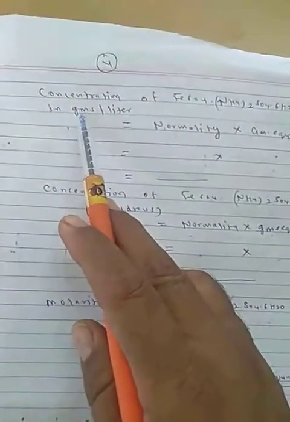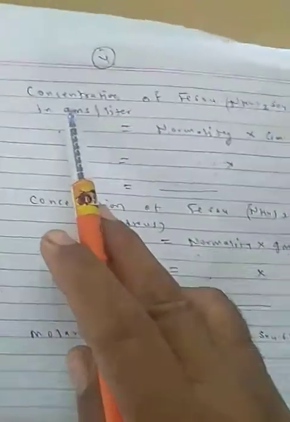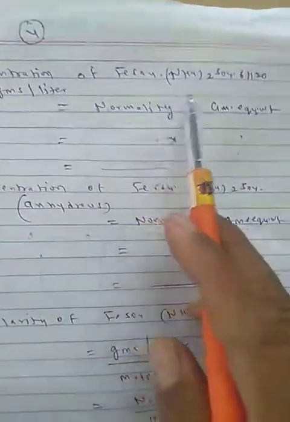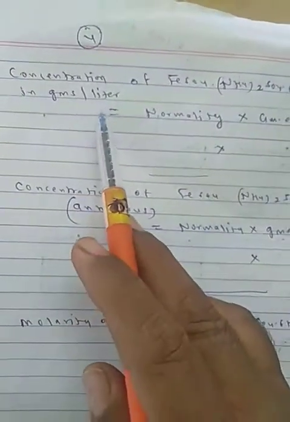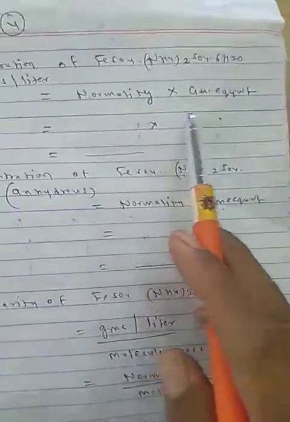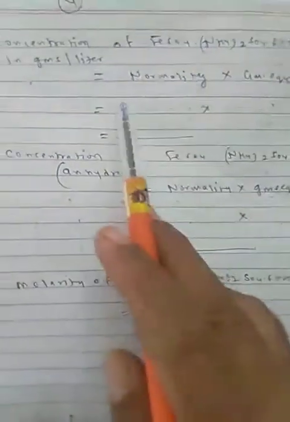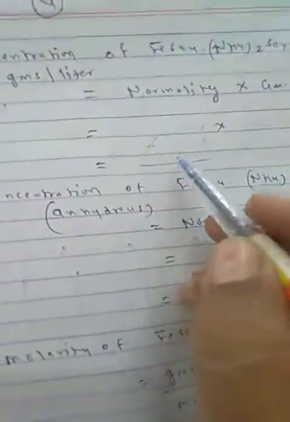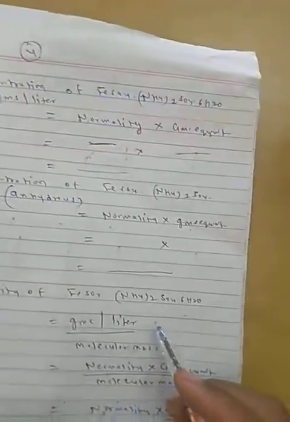You have to calculate grams per liter. So the concentration of ferrous ammonium sulfate solution in grams per liter is equal to normality multiplied by gram equivalent weight. The normality we will give, whether it is 0.1, 0.12 or 0.13, and I will show you how to calculate the equivalent weight.